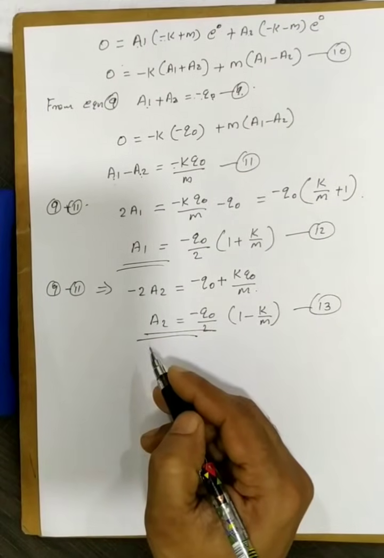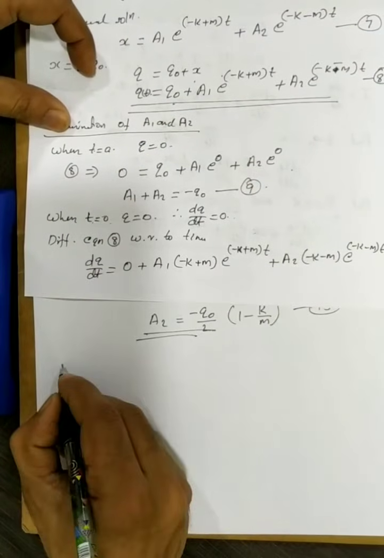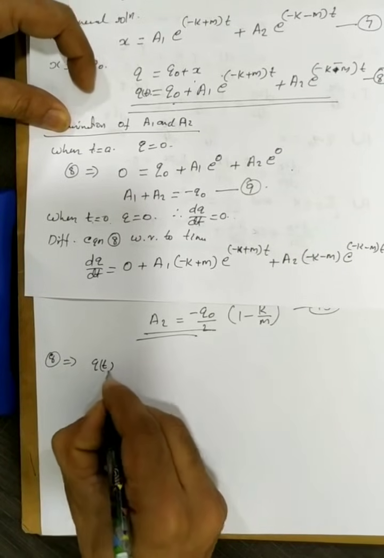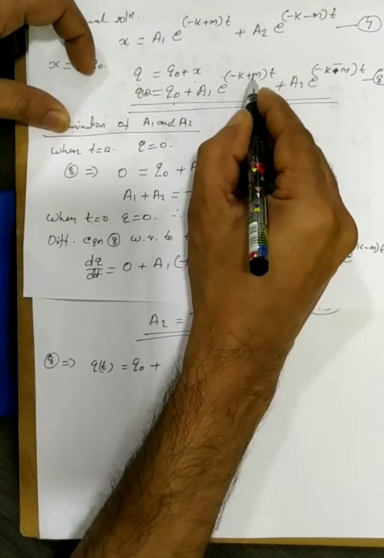Now substitute A1 and A2 in equation 8. Equation 8 becomes q of t is equal to Q0 plus A1 e raised to minus (k plus m)t.